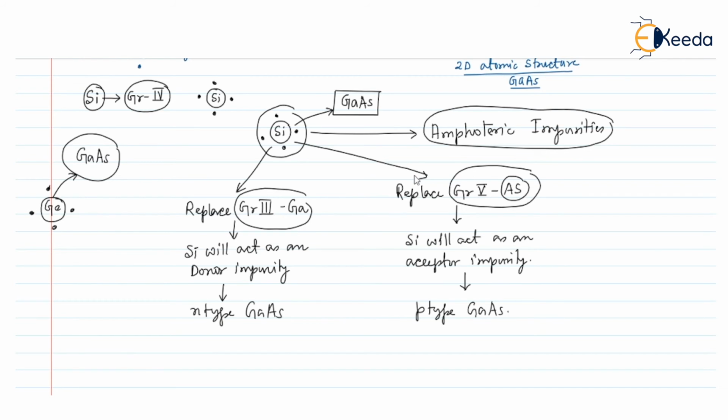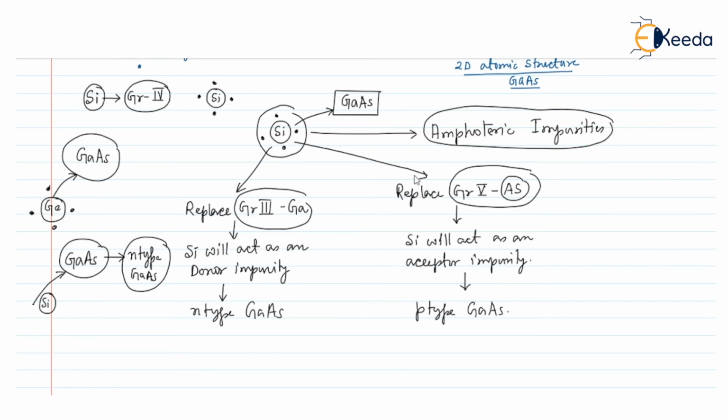Experimentally, it is found that if we dope gallium arsenide with silicon, then this gallium arsenide will be converted into n-type gallium arsenide.